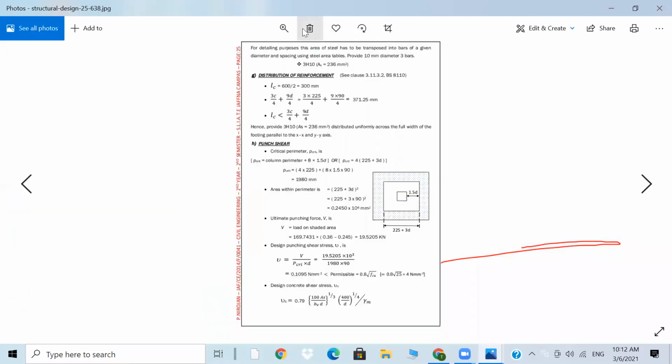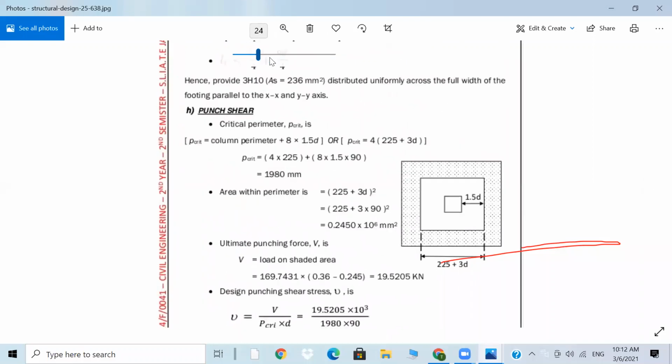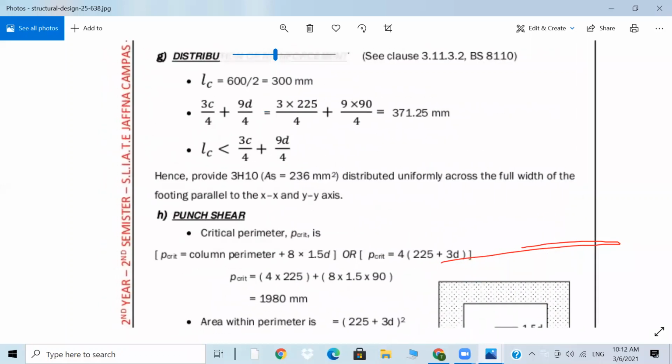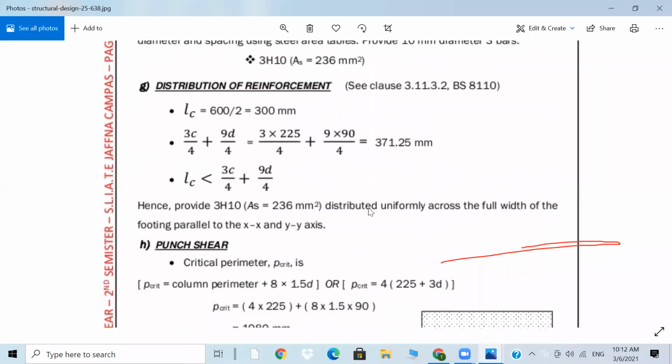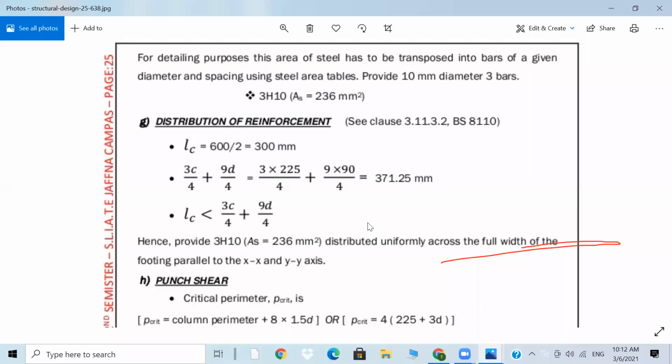Then we will discuss the distribution of the reinforcement. Okay. We know that the total length is 600 millimeter. So then one face is 600 divided by 2, center of the column is 300 millimeter. Then you can calculate 3C plus 9d. So the C is 225, C is the shorter width of the column divided by 4.